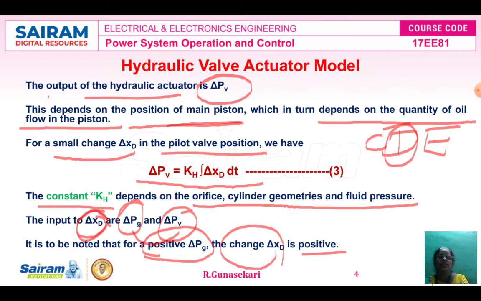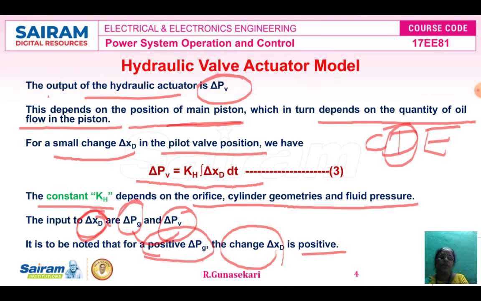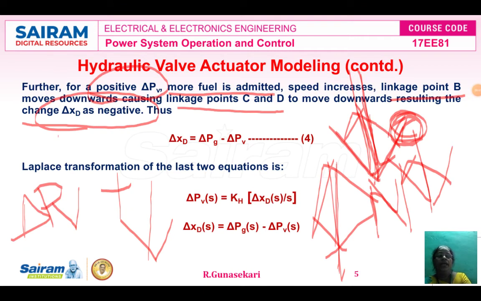Students, listen here. Del PG is positive, del XD also positive. Then del PV is positive means del XD is negative. Keep it in your mind.